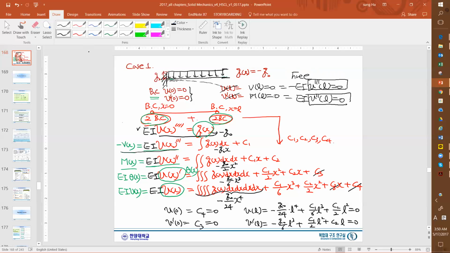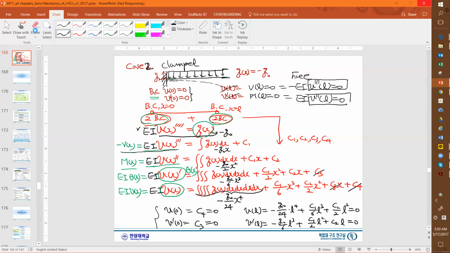This will be a second case, and the right-hand side is clamped. In this case, all the procedure will be the same, and the right-hand side will be the same. The only difference will be these equations.